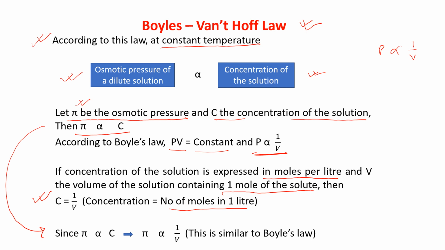Now for Boyle's-Van't Hoff law we are getting osmotic pressure, that is pi is inversely proportional to V. Am I clear? So both are similar type. This is known as Boyle's-Van't Hoff law. Please remember children, Boyle's-Van't Hoff law, pi is inversely proportional to V or pi is directly proportional to C.